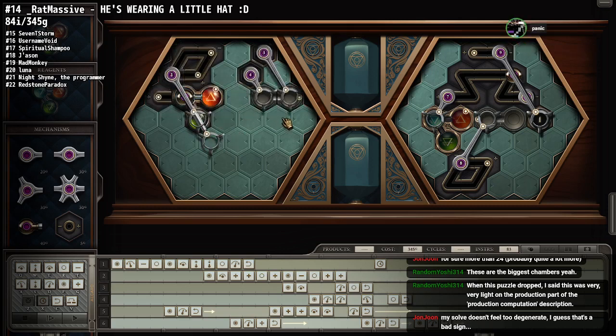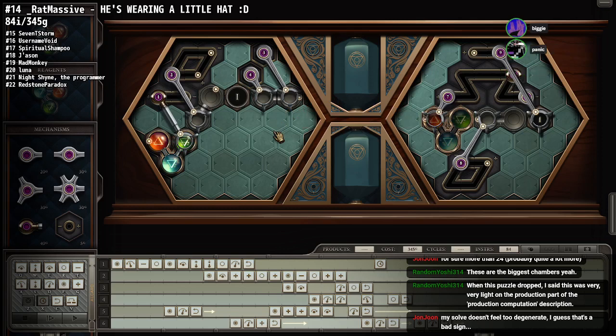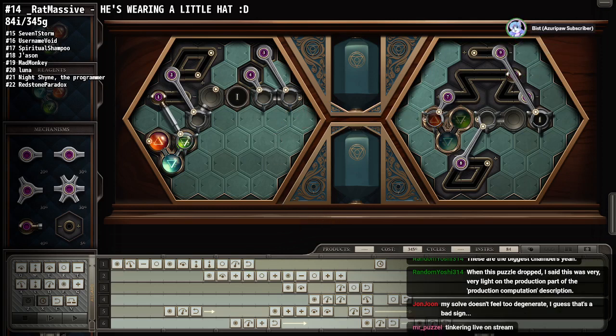This poor Saul. What are you doing to it? No, he's wearing a little everything. Horrible. Alright, I do like that. Tinkering live on stream. Yeah, the overlap mod is great for doing overlap.